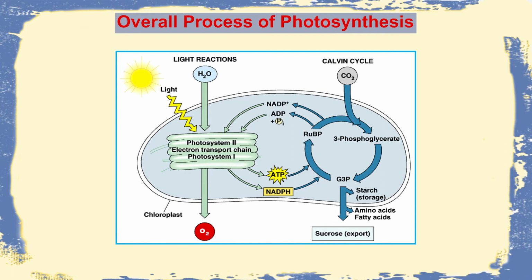So we should say that the dark phase can operate in darkness. But you see, if the darkness continues, then ultimately the synthesis of sugar will come down because there will be no energy rich compound that will support the dark phase.